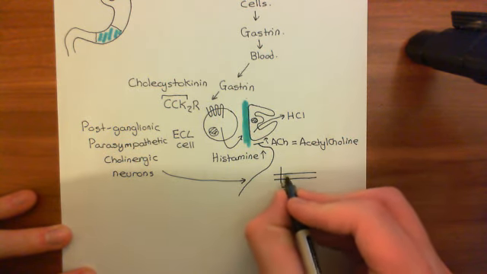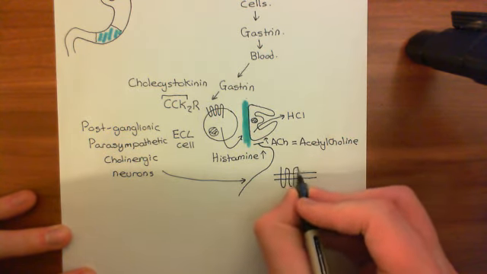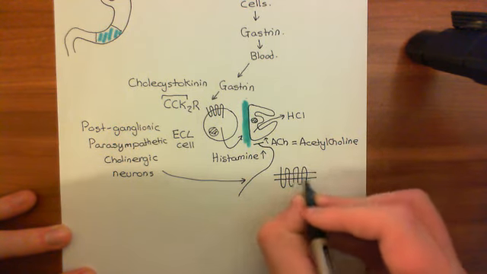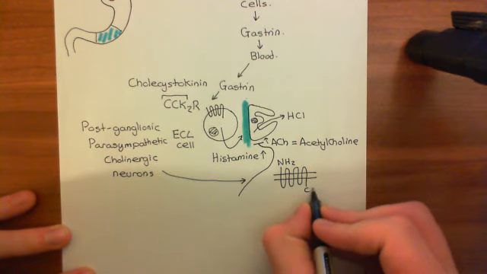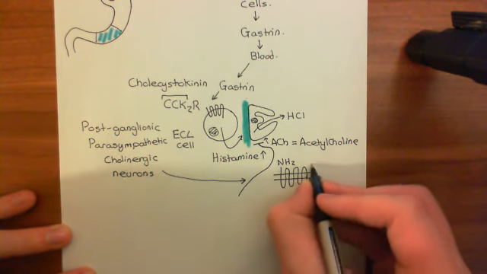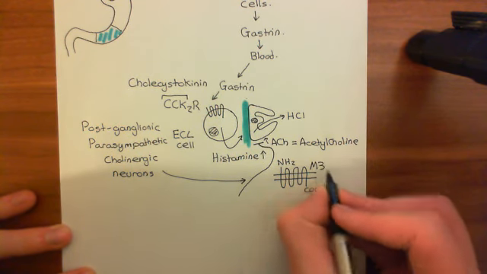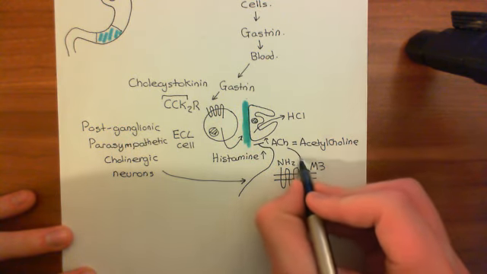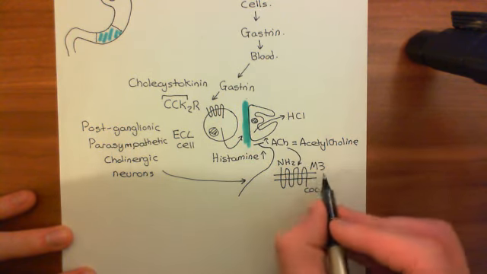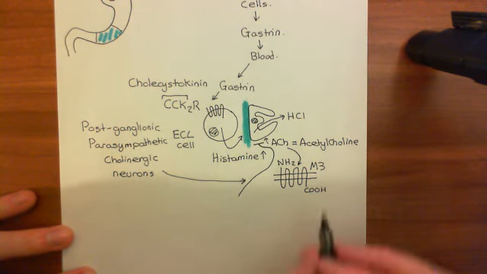Again, you have a rhodopsin family G protein coupled receptor on the surface of the parietal cells, which binds to the acetylcholine. Okay, now this is specifically the M3 muscarinic acetylcholine receptor. Okay, so the acetylcholine will bind to this M3 muscarinic acetylcholine receptor.